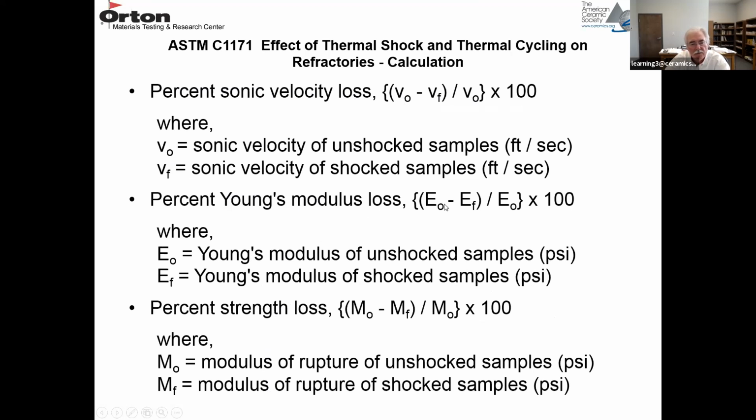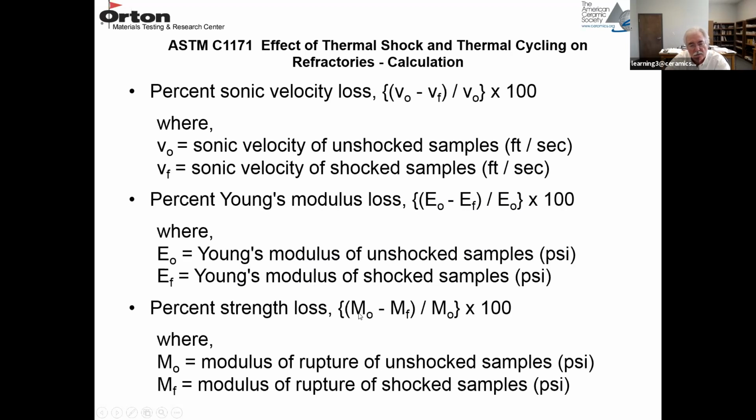The Young's modulus is just E0, the modulus of unshocked samples, minus the modulus of the shock samples, divided by the initial modulus of the unshocked samples. You multiply that times 100 and you get your Young's modulus loss.